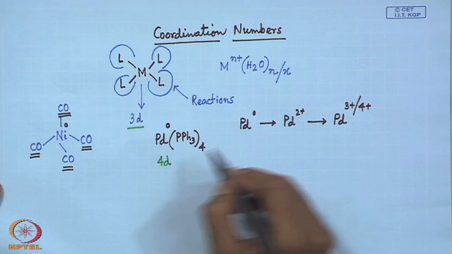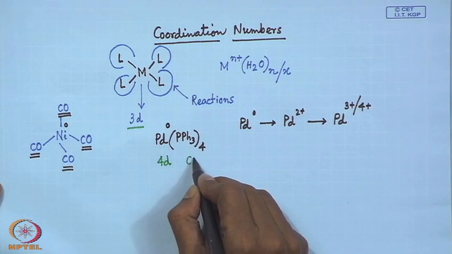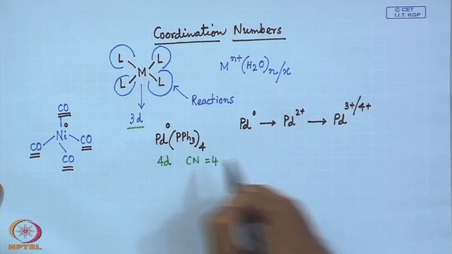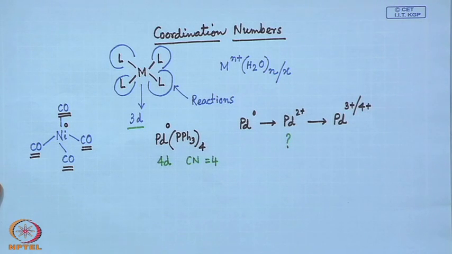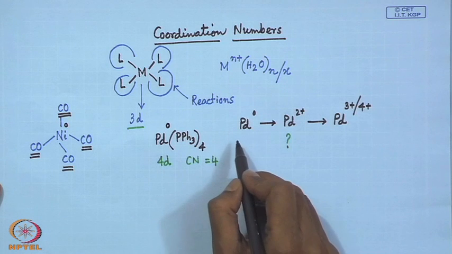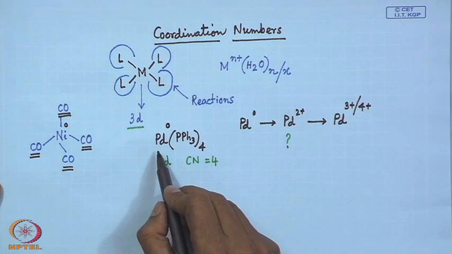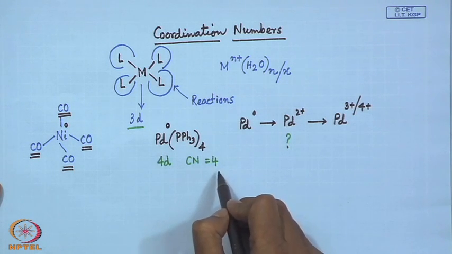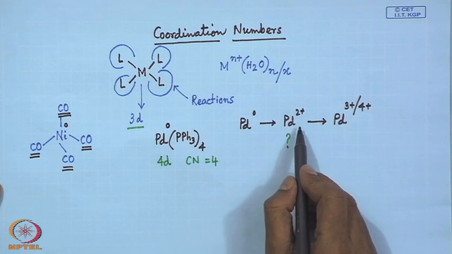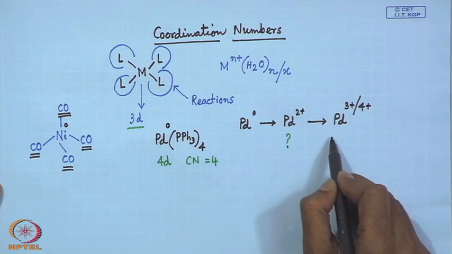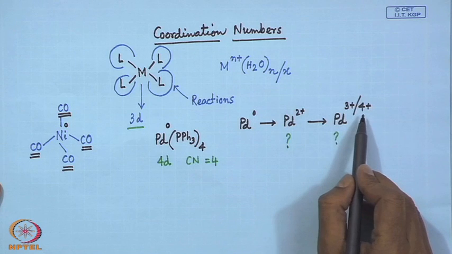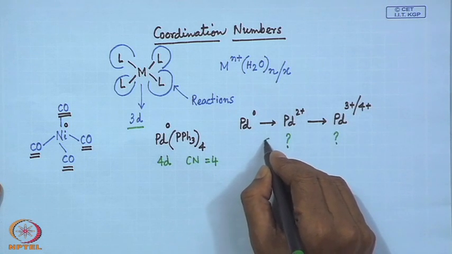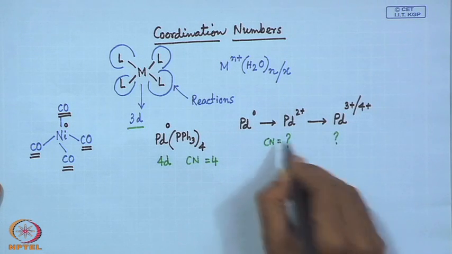In this particular case, if the coordination number is 4, what can we expect if there is a redox transformation from a palladium 0 complex having a coordination number of 4 going to palladium 2+, and if it goes to further oxidation to the trivalent or the tetravalent palladium state? So, what would be their expected coordination number?